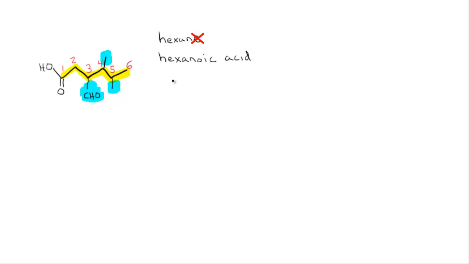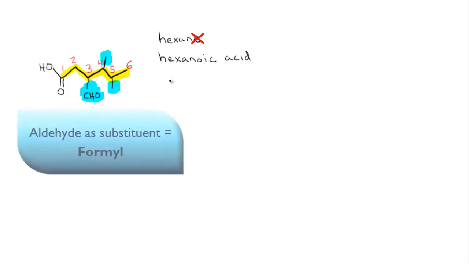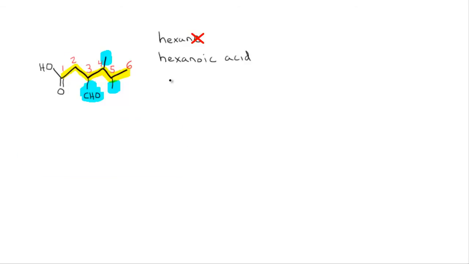So again, there are 3 substituents on this parent chain, an aldehyde group on carbon 3, and 2 methyl groups located on carbons 4 and 5. When an aldehyde group is a substituent rather than part of the parent chain, the name of this group is called formyl. We designate the location of the formyl group just as we would for any other substituent located off the parent chain.